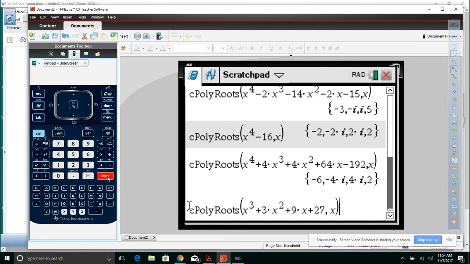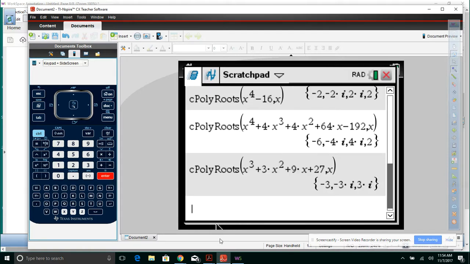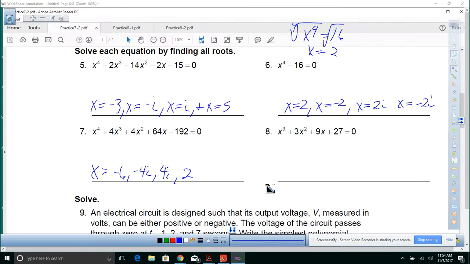And check it. It looks good. Press enter. You got negative 3, negative 3i, 3i. So x equals negative 3, negative 3i, and 3i. And there you go. Good.